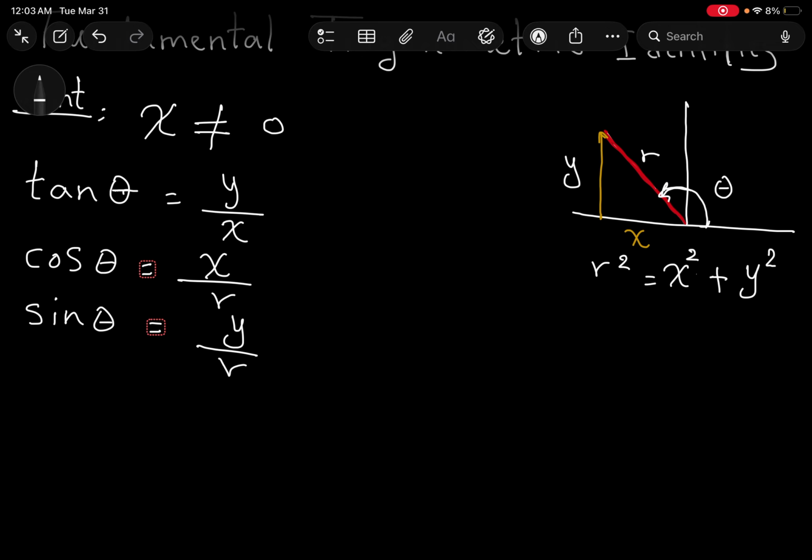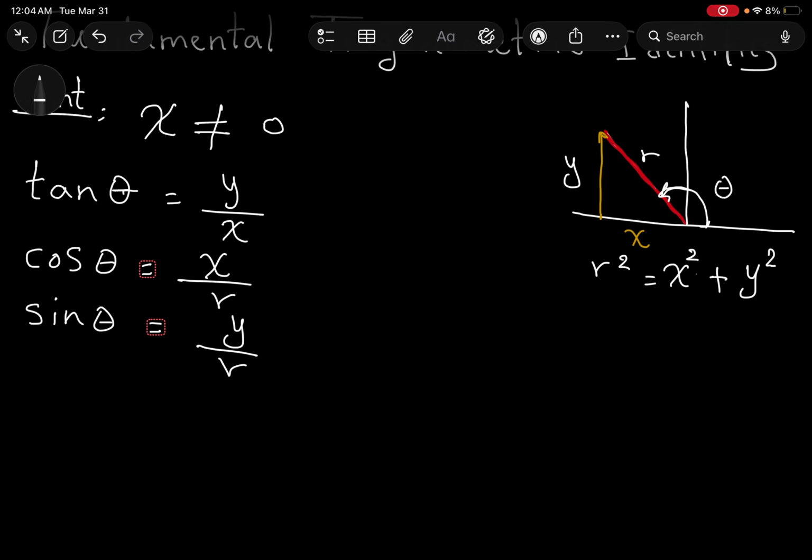So it is the Pythagorean theorem: r squared equals x squared plus y squared, with respect to the Pythagorean theorem.